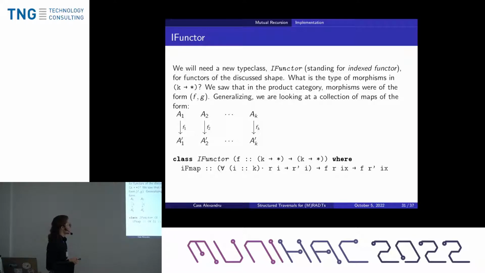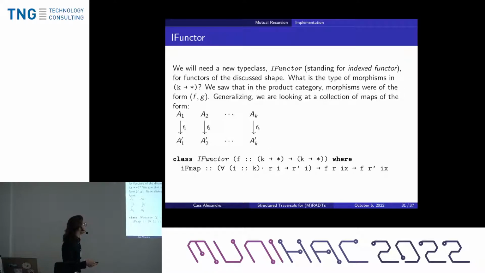Well, for all indices of your kind that you're using for indexing, you want a function from r at that index to r prime at that index, if you want to transform f of r to f of r prime. And this is basically just the pointwise notation.